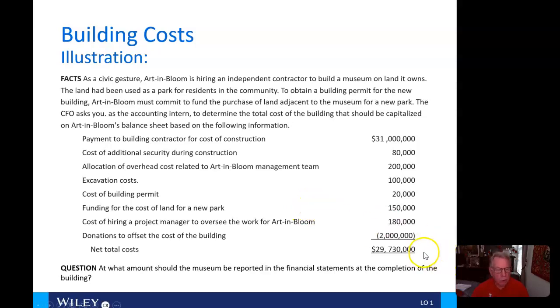Total net costs $29,730,000. At what amount should the museum be reported in the financial statements at the completion of the building?